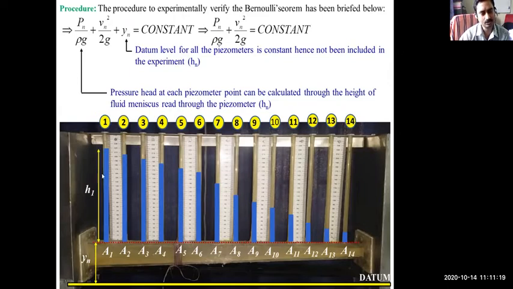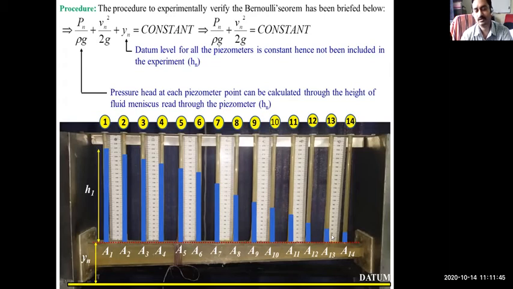You just note them down: H1, H2, H3, H4, H5, H6, H7, H8, H9, H10, H11, 12, 13, and 14. This is the reading to be taken from the experiment. This is the first reading to be taken, which will indicate the pressure heads at each piezometer. So this is how we'll be taking the pressure head.